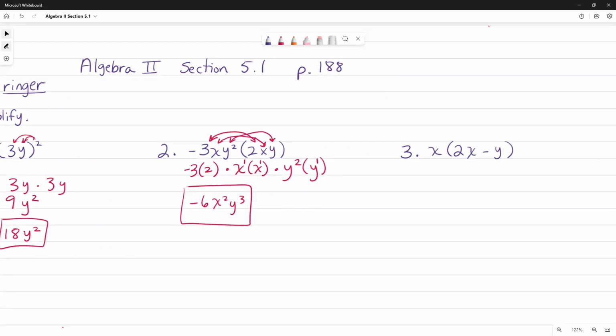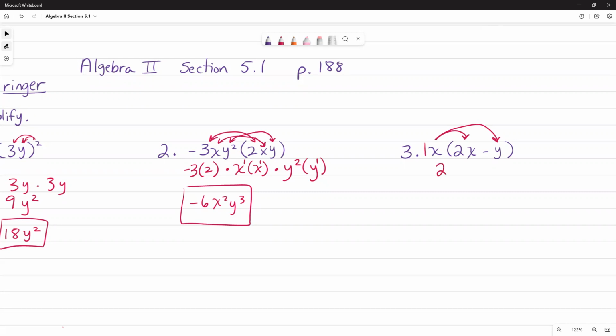All right, so what about for 3? We're distributing an x, right? So this is x times 2x and x times negative y. So what's x times 2x? 2x squared. Yes. The coefficient of that x is 1. So this is 1 times 2 and x to the power of 1 plus 1.